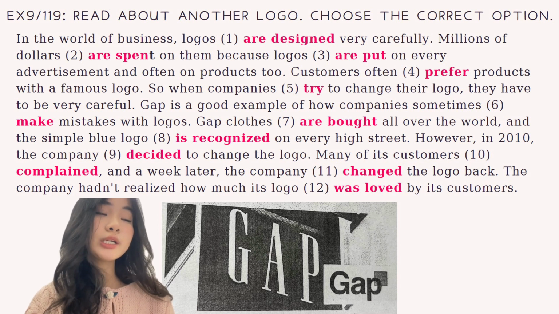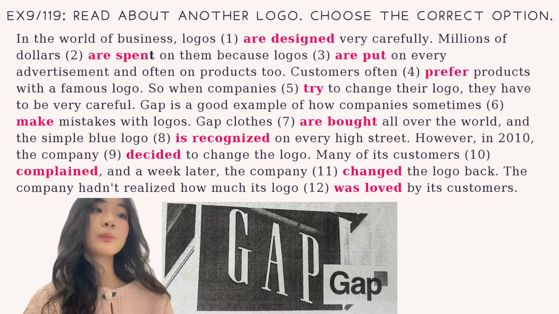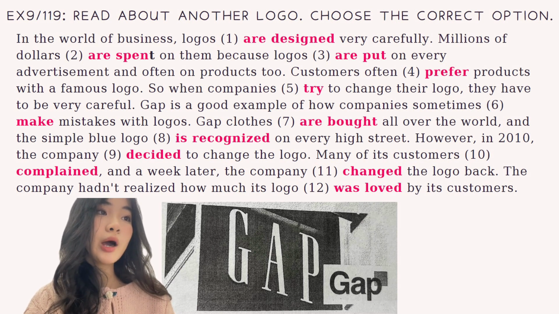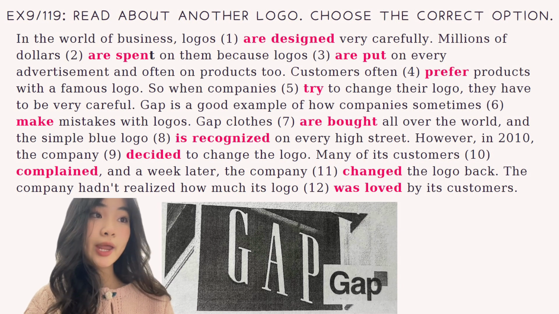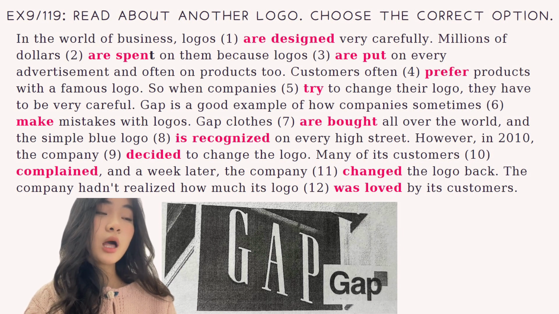Gap is a good example of how companies sometimes make mistakes with logos. Gap clothes are bought all over the world, and the simple blue logo is recognized on every high street. However, in 2010, the company decided to change the logo. Many of its customers complained, and a week later, the company changed the logo back. The company hadn't realized how much its logo was loved by its customers.